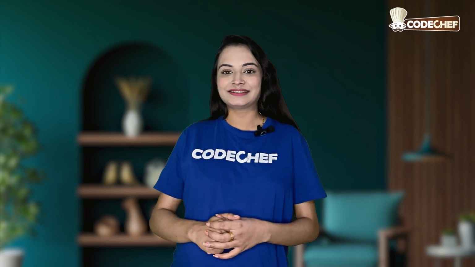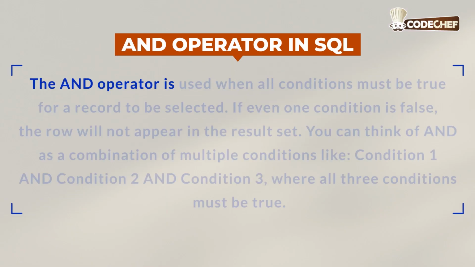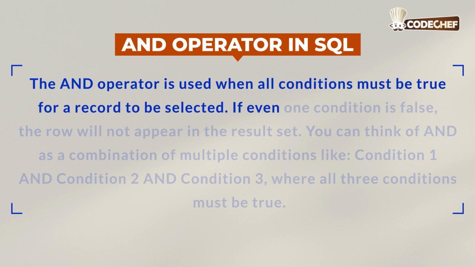So let's get started. AND operator in SQL. The AND operator is used when all conditions must be true for a record to be selected. If even one condition is false, the row will not appear in the result set.